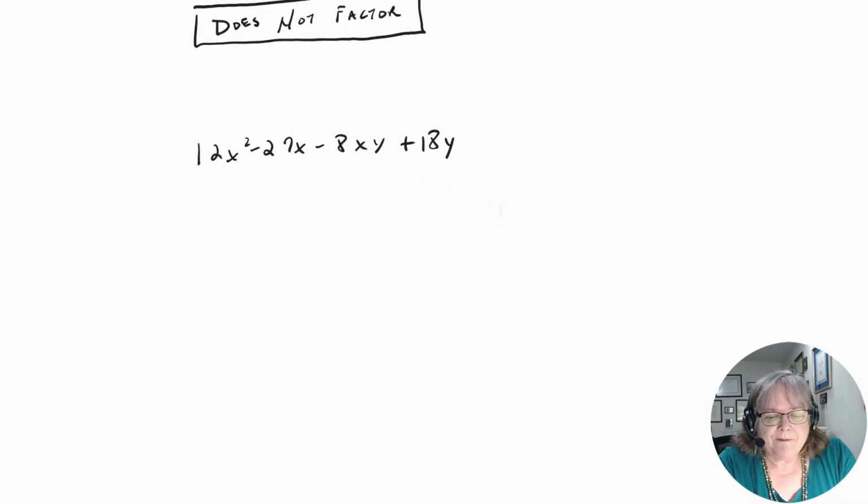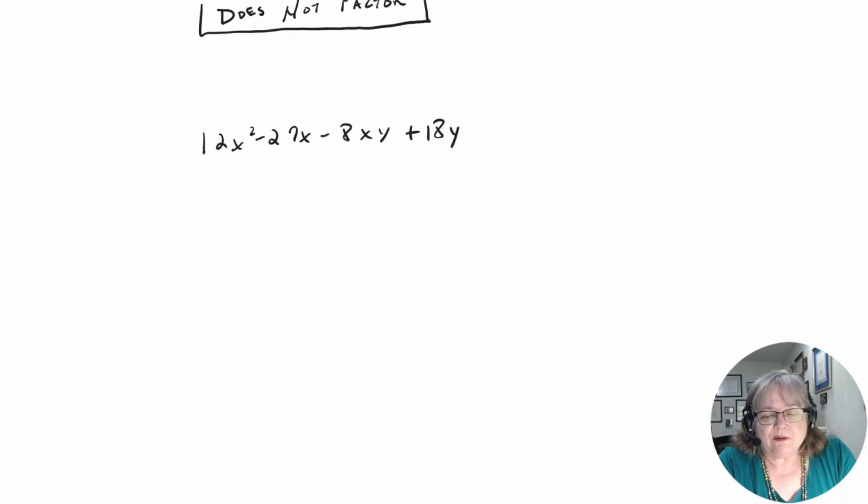All right. No common factors. Do you see anything to factor out? No, 27 is not even, so it can't take a 2 out. No, not all of them have x's, not all of them have y's, so I think this is it. What's in common in the front two? 3x.